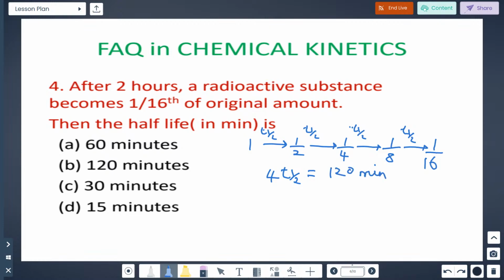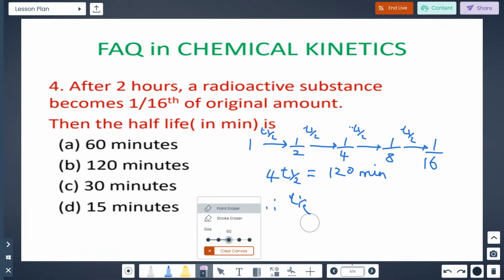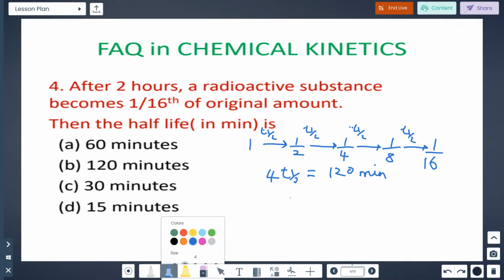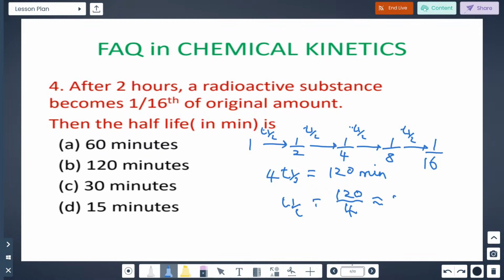Therefore, T 1/2 is equal to 120 by 4. So we get 30 minutes.